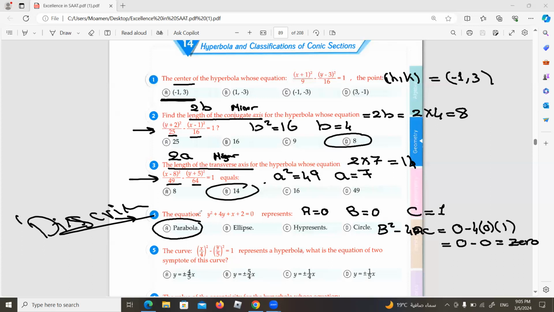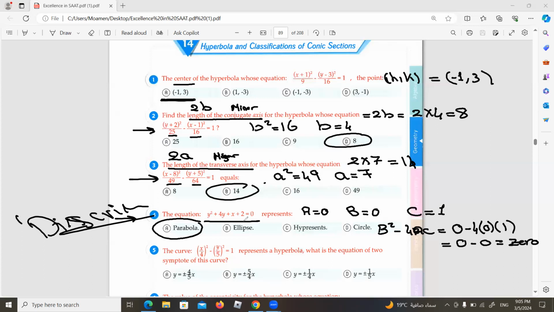But I have a small remark for my dear students. Pay attention. If you look at the equation and you find only x or only y has power 2, it's a parabola directly. I didn't use the discriminant. It's better not to use the discriminant in this case. It's faster.